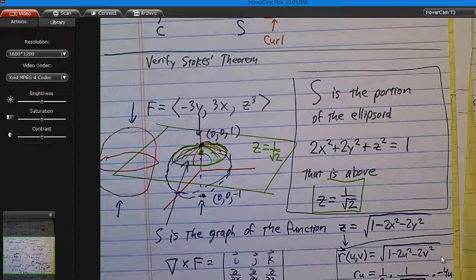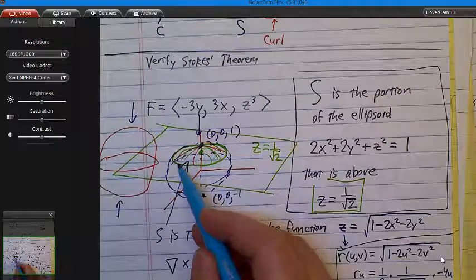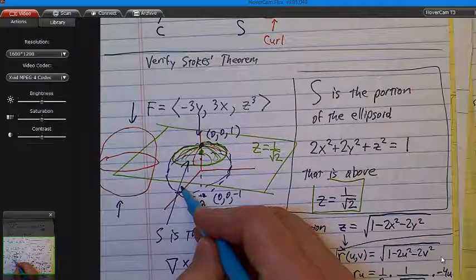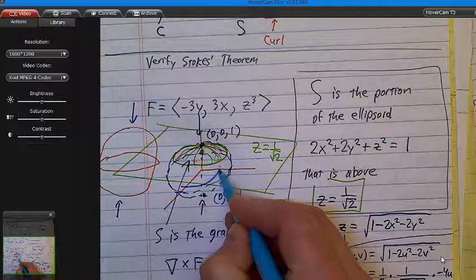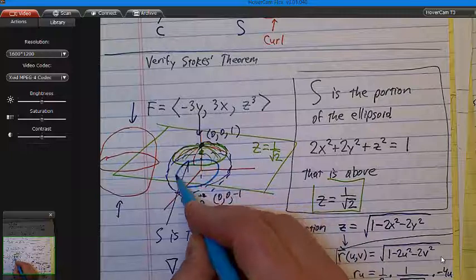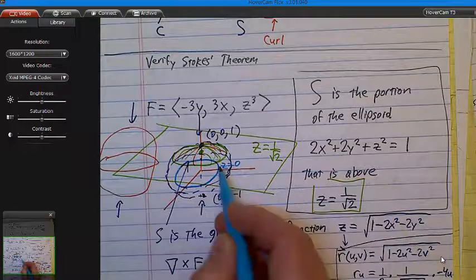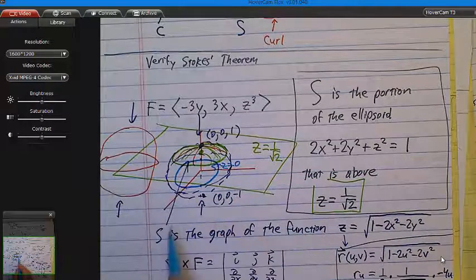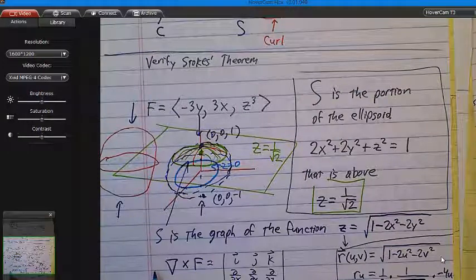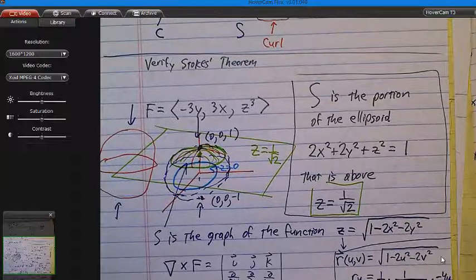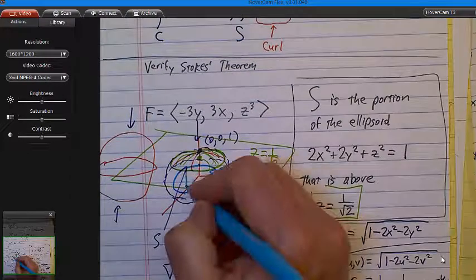How do I parameterize that surface? Well, I did it in terms of x and y, but the x's and y's live in a circle down on the plane z equals 0, right? They all live here. What is that circle? Let's draw that. Let's call that region R, by the way.